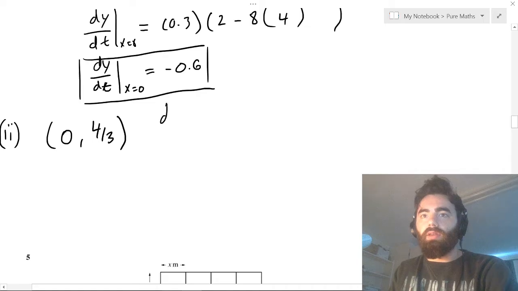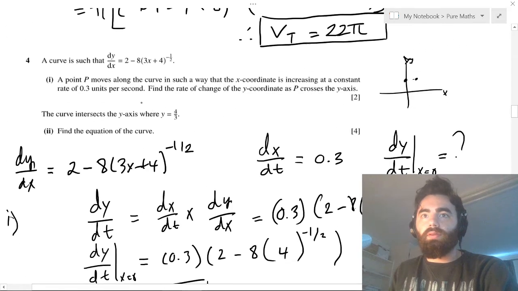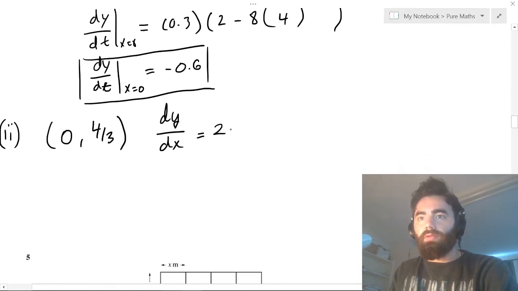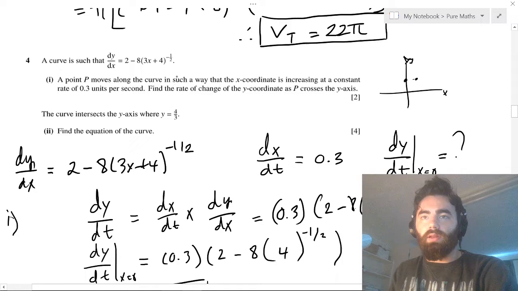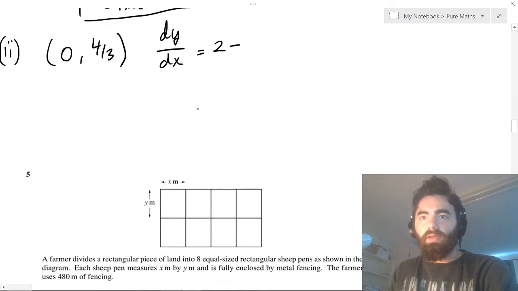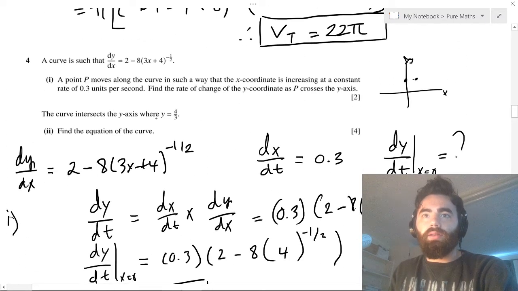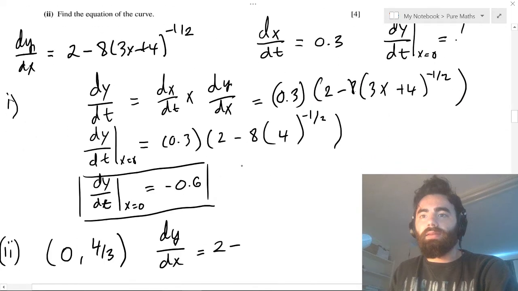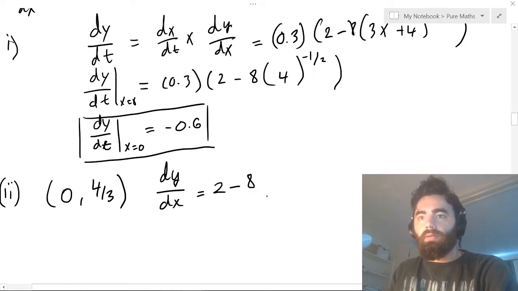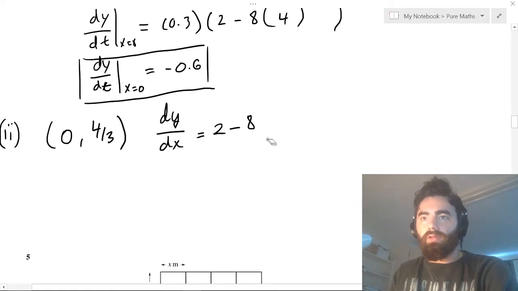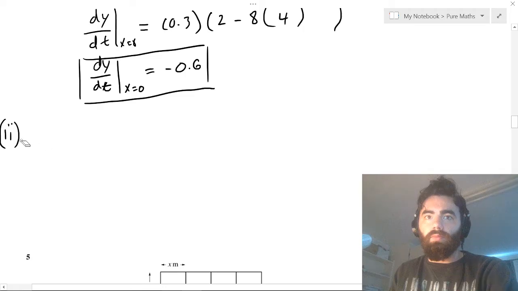And we're given that dy/dx equals this, 2 minus 8 times. Doesn't look like we have left myself that much space here, so we'll just make some space here.